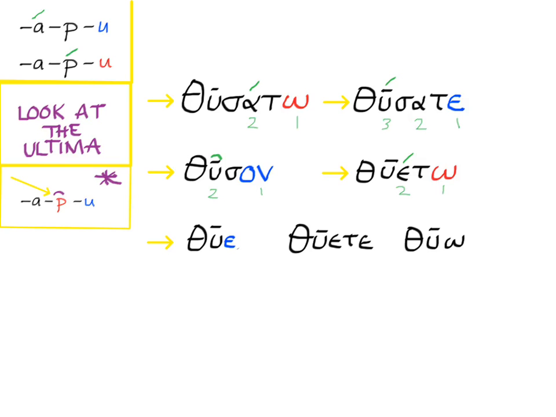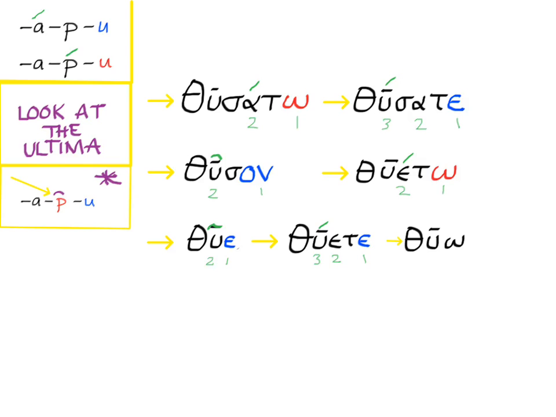Thua, another command version of sacrifice, has a short last syllable and needs an accent over the long second to last, so it must be a circumflex. With thueta, y'all are sacrificing, the last syllable is short, so we count back 1, 2, 3, and put an acute over the third to last and get thueta.